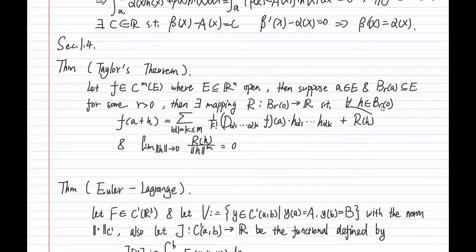And this error term is quite important: it has the feature that the error term at h divided by the norm of h to the power m will converge to 0 as the norm of h converges to 0. This will be important later on in our error term for the functional. So with that clarified, let's move on to the Euler Lagrange equation.